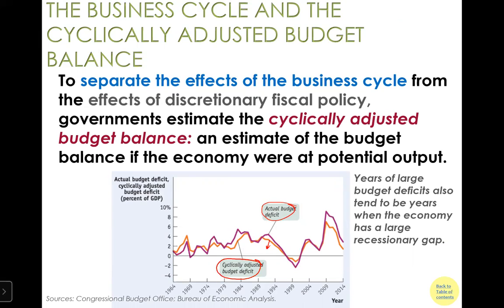Now, if we had potential output, meaning we are going to collect more tax and spend less transfer, right? So we calculate this just to understand or to reflect the fundamental health of our fiscal policy, right?